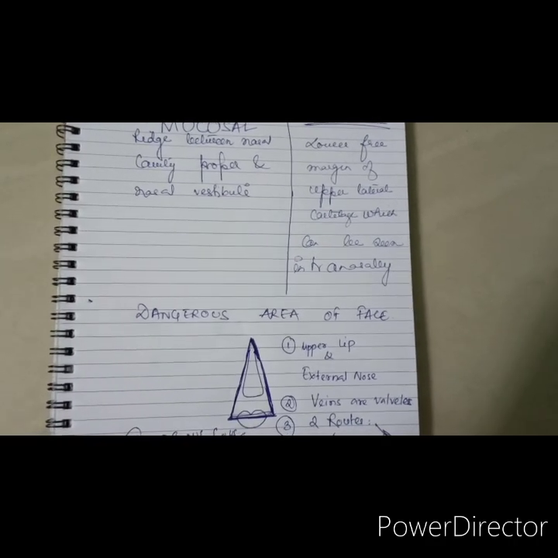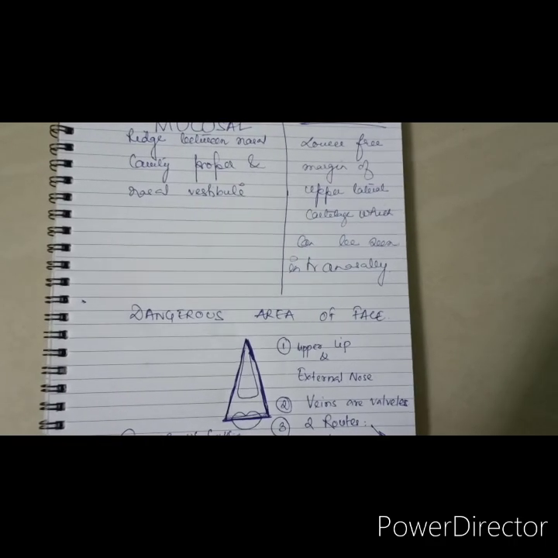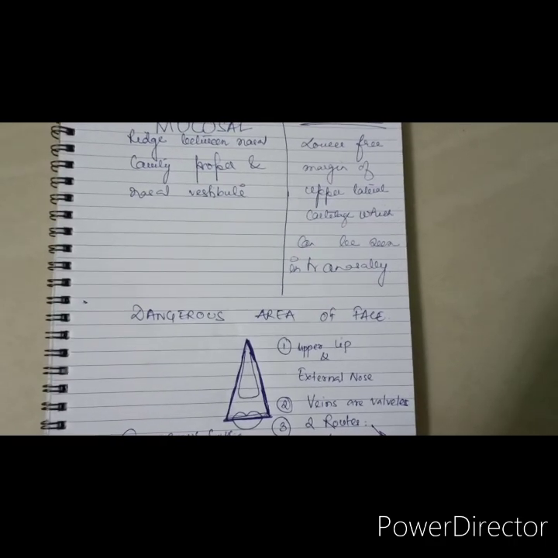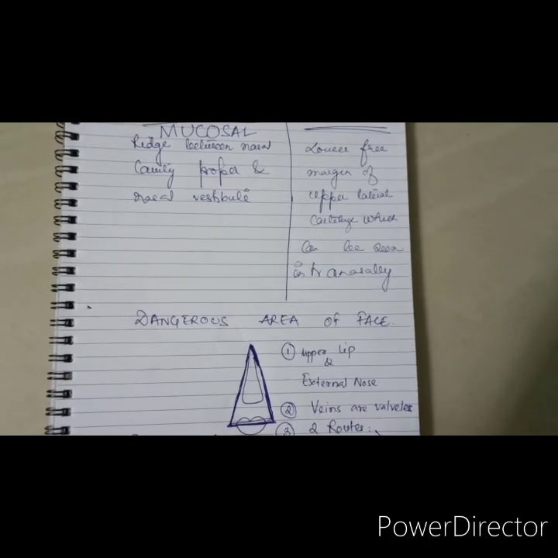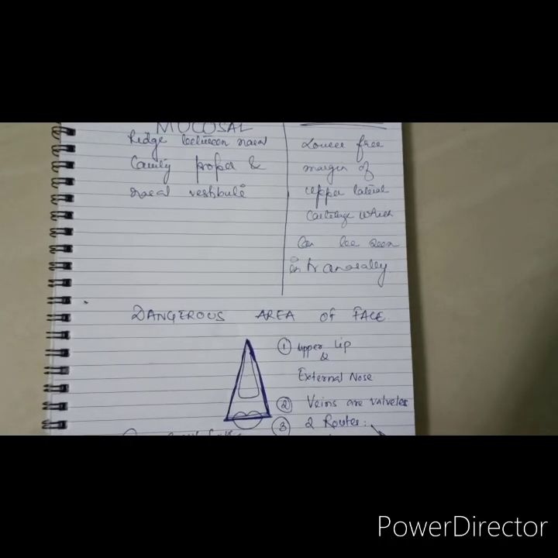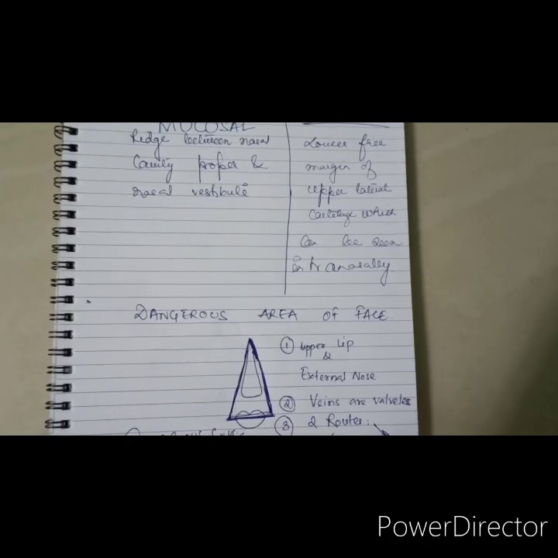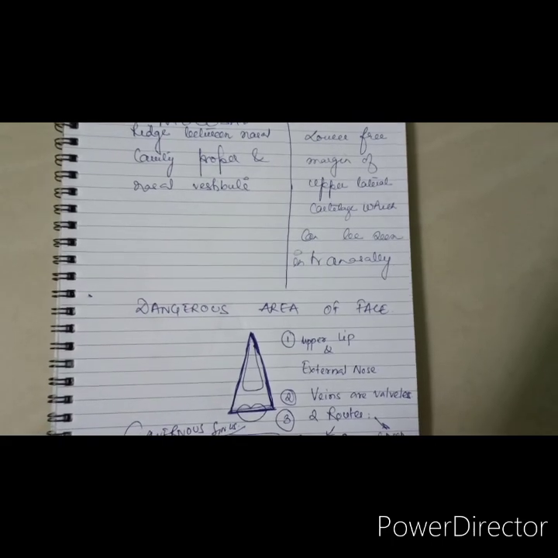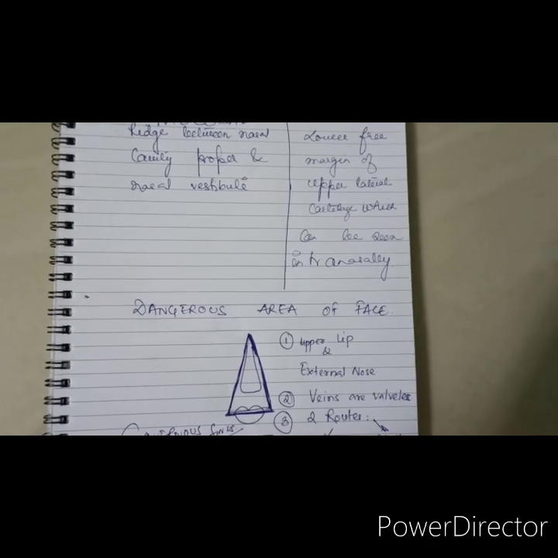Because any infection from this area can travel to the cavernous sinus, leading to cavernous sinus thrombosis, because the veins here are valveless. By 2 routes it can travel to cavernous sinus. The first one is through the superior ophthalmic vein, and the second one is the deep facial vein and the pterygoid plexus, leading to cavernous sinus thrombosis.